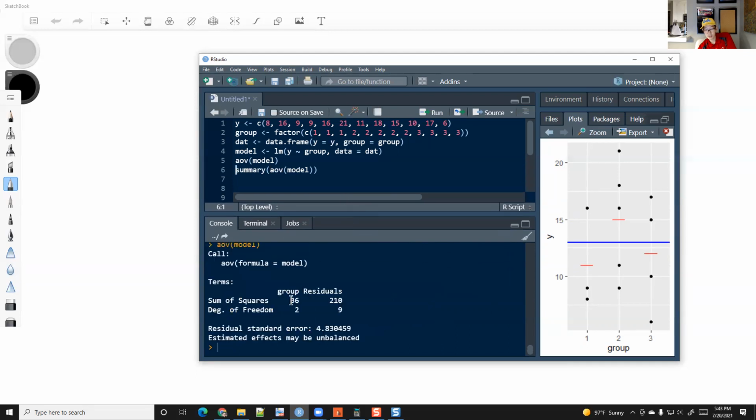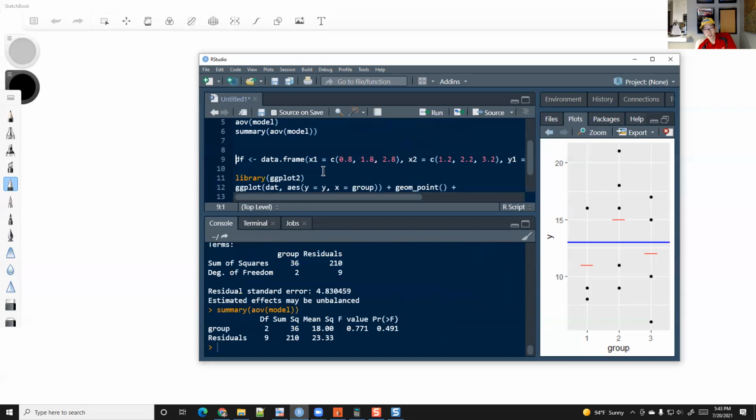It gives us the sum of squares for the group, 36, with 2 degrees of freedom. The residual sum of squares is 210, and the degrees of freedom is 9. And then you can get the resulting ANOVA table when you ask for the summary of the aov of the model. This is pretty much the exact same table that we produced a few slides ago, right?